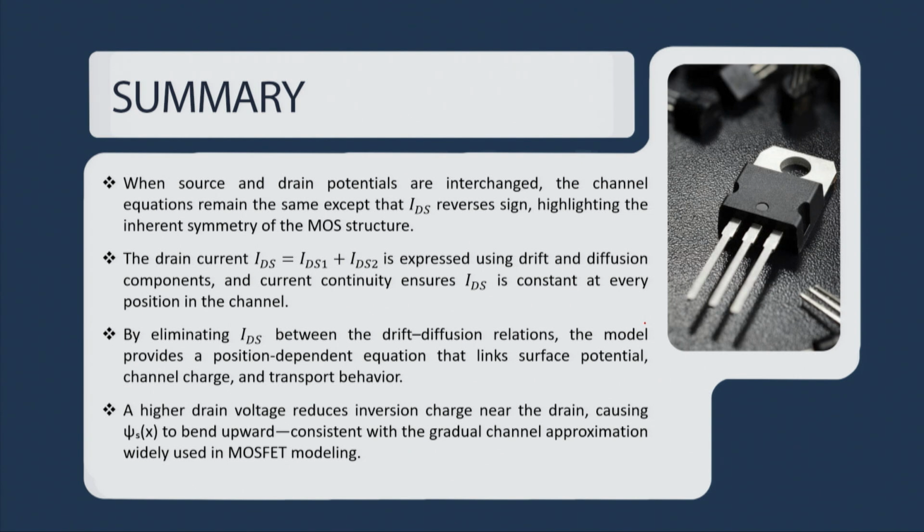To ensure continuity, where there is drift, there will be lesser diffusion, and where there is diffusion, there will be lesser drift. We also find from the band diagram point of view that the carriers will cross the barrier at the source channel junction using diffusion, and the moment the carriers come into the channel, the drift takes hold.